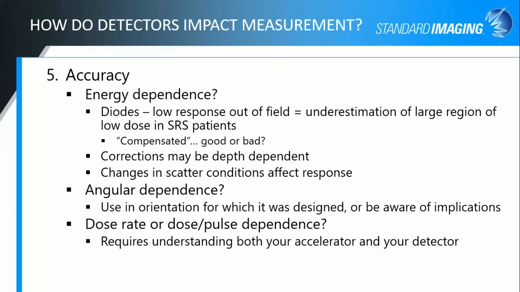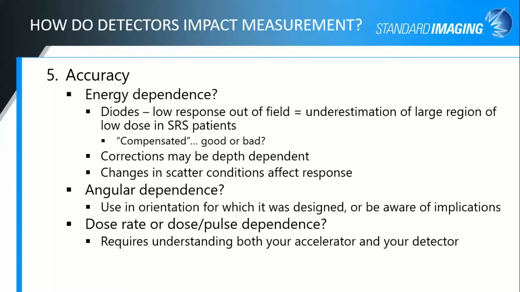Another category for how detectors impact measurements is the accuracy of your detector. Do they have energy dependence? Diodes can often have a low response out of field and thereby underestimate a large region of low dose in your stereotactic patients. Compensated diodes, once again: is that good or bad?